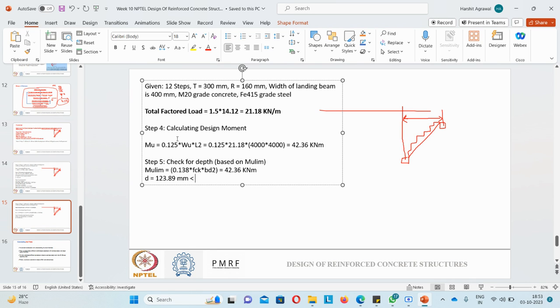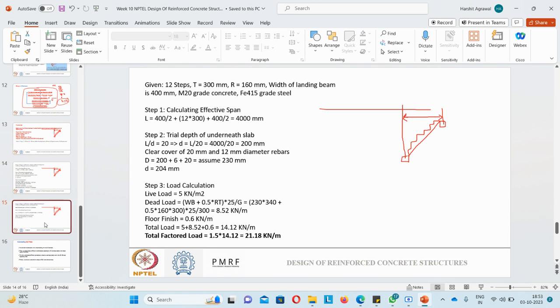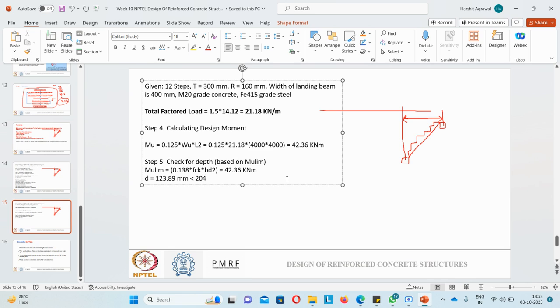What is the small d that we have provided? It is 204 mm. So we are safe in this case. Okay, so this is how we check.